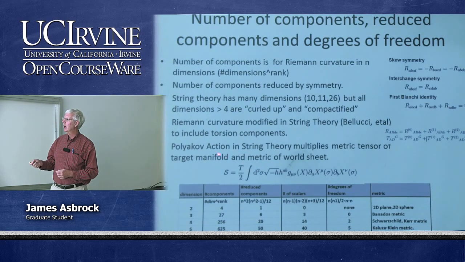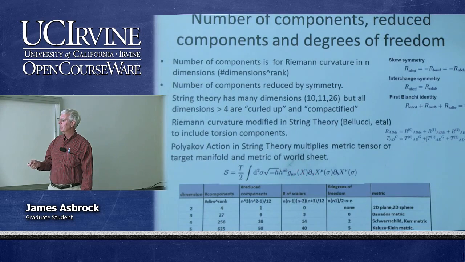And then Polyakov actually multiplied the metrics together, and again, the Einstein action here is a lot more complicated than the one that we had, but he basically multiplied the 2 metrics of the manifold and the world sheet.